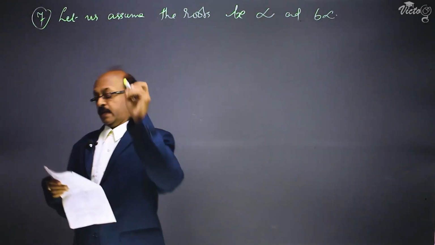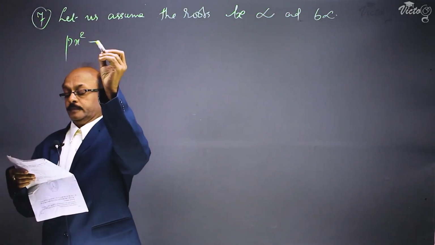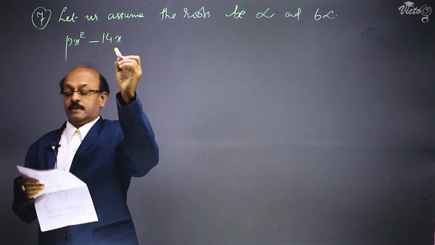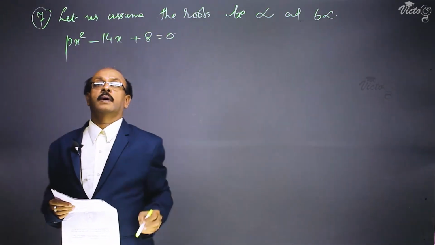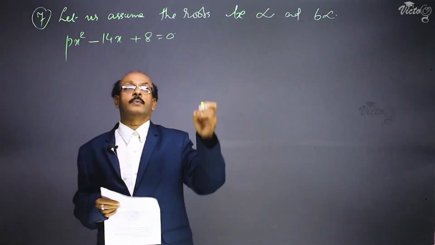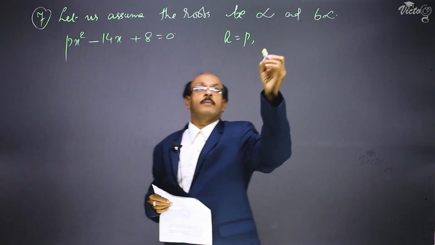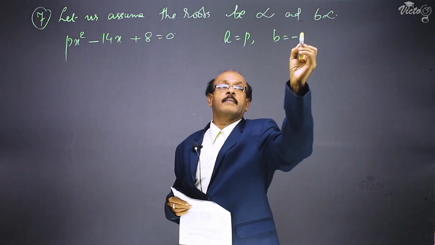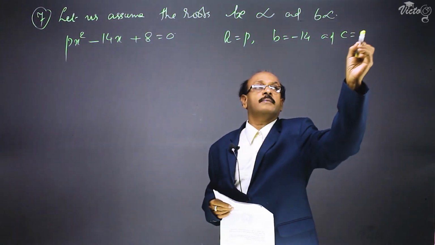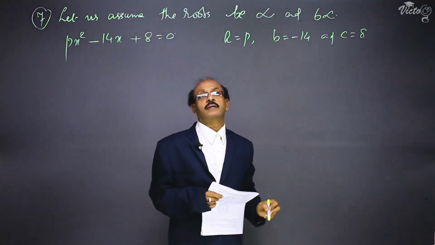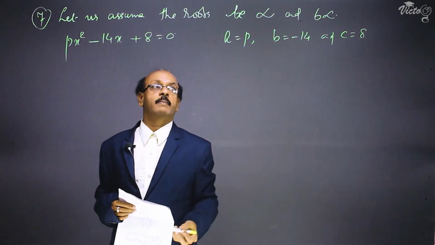Now the given equation is px square minus 14x plus 8 is equal to 0. Here the value of a is equal to p, b is equal to minus 14 and c is equal to 8. We know that the value of alpha plus beta is equal to minus b by a.